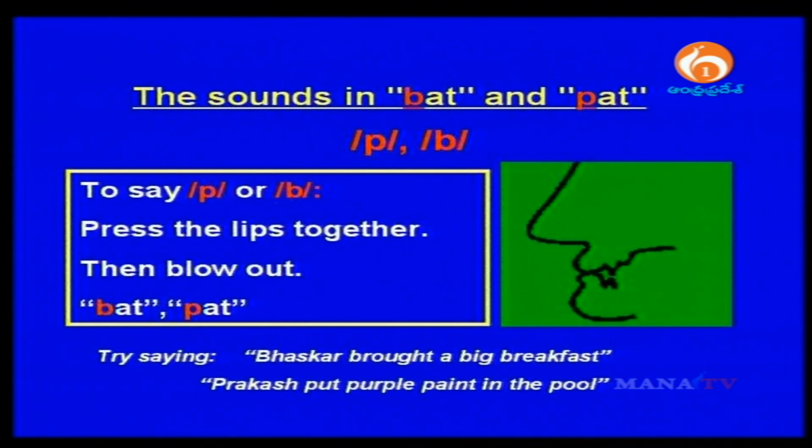Bhaskar brought a big breakfast. Each of those words begins with a b sound, which is a voiced sound. Similarly, another sentence has all p's: Prakash put purple paint in the pool. You can have fun while reading out these sentences aloud.